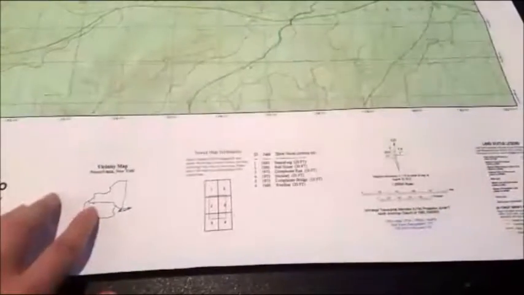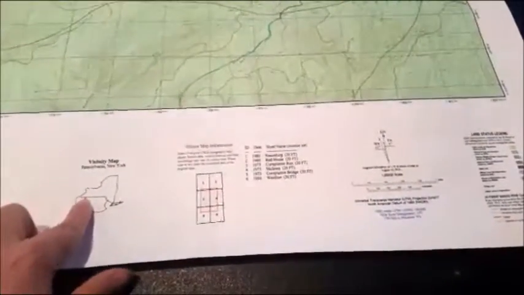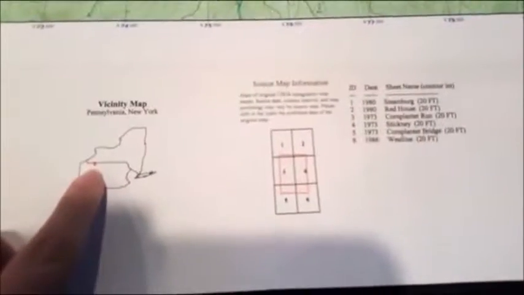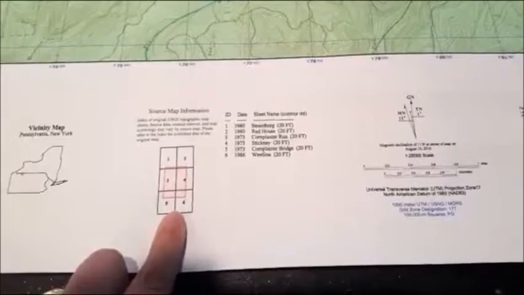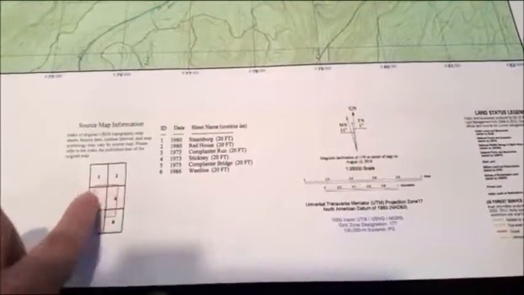Here is the company that produced the map. Then you have an area here that says the vicinity of the map, which gives you a very broad area. You can see that it's close to the Pennsylvania-New York border. Then we have source map information. You see this little red square in here?